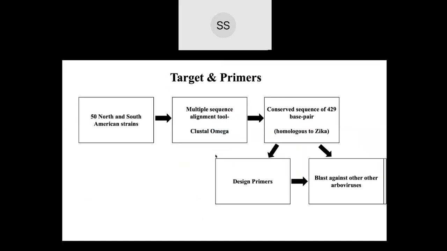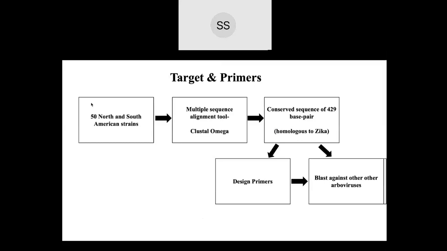So first, how we designed our targets and the primers. I opted for 50 North and South American strains from NCBI. I downloaded the sequences from the NCBI database and then aligned those 50 strains in a multiple sequence alignment tool called Clustal Omega.